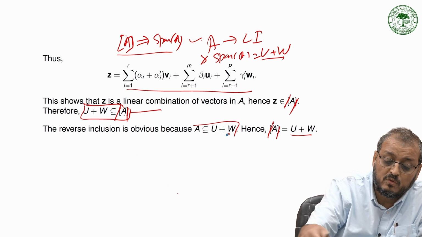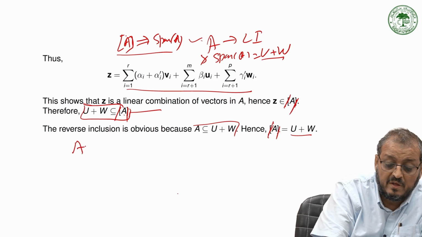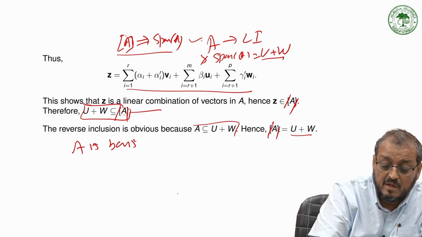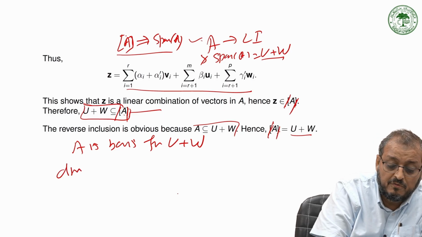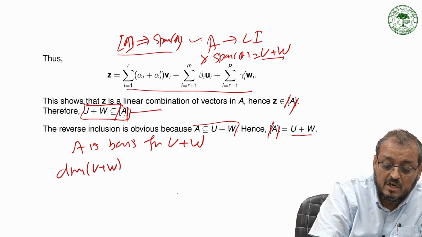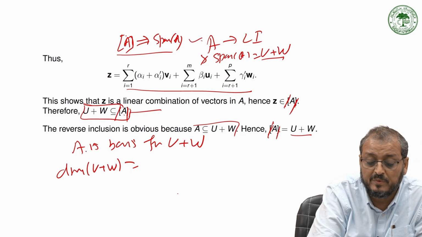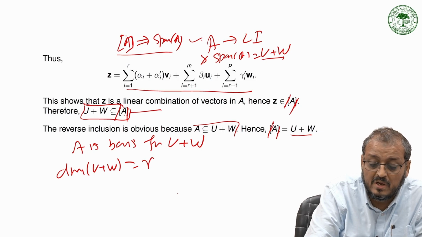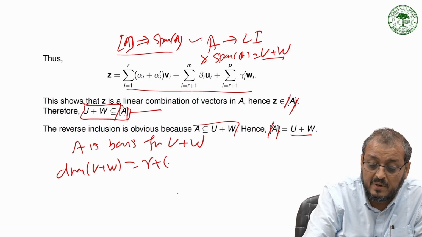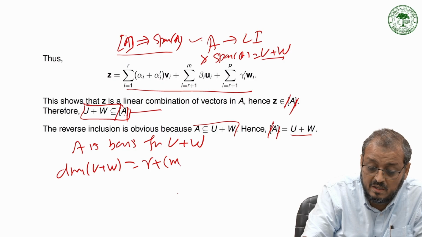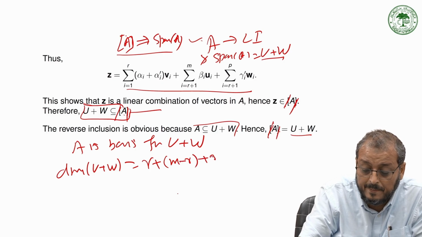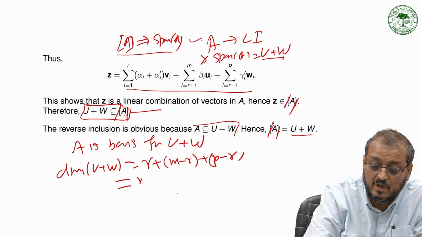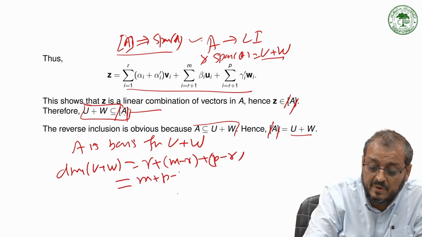We have ultimately shown that A is a basis for U plus W. So the dimension of U plus W is the number of elements of a basis, which is equal to r plus m minus r, plus p minus r, which equals m plus p minus r.